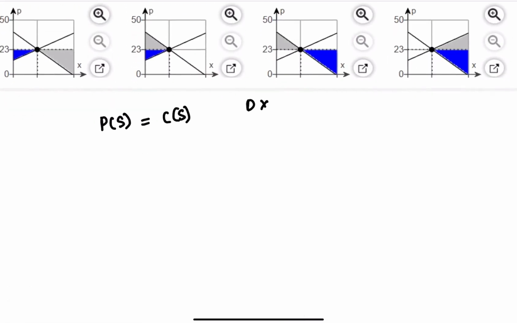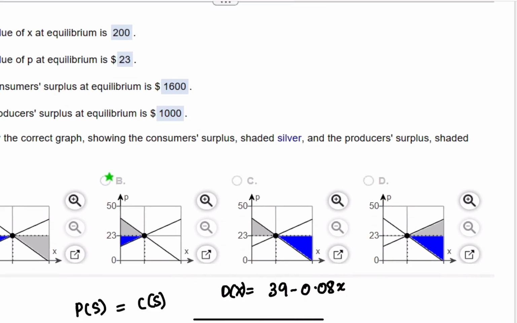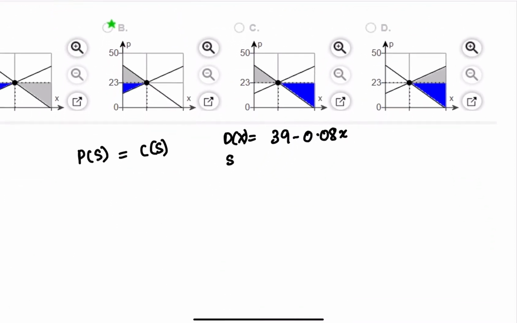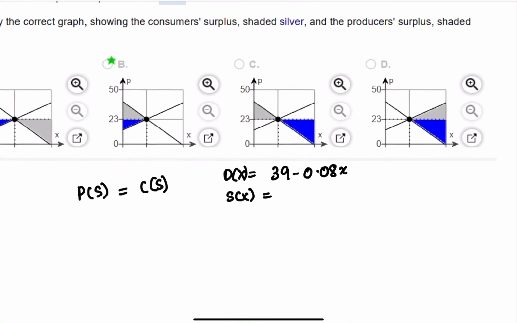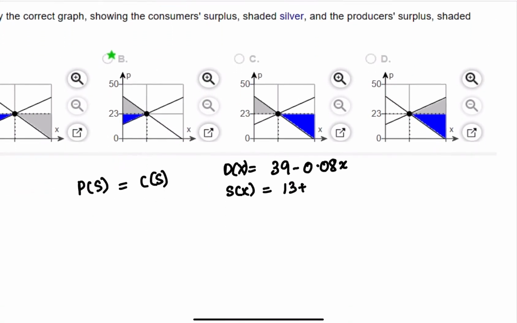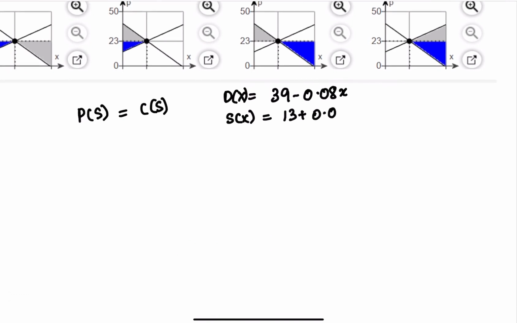My D of X is 39 minus 0.08x. Is that right? Yes. My S of X, which is the producer surplus, is 13 plus 0.05x.